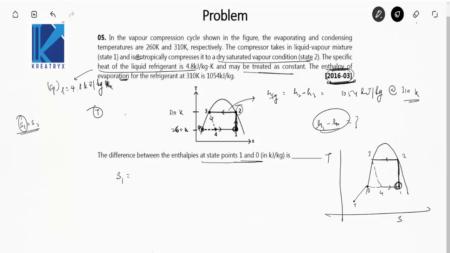It is written as H1 minus H0 by T plus CPL ln 260 by T. This temperature is 260 Kelvin and this is 310 Kelvin. I'll explain how I'm writing this.